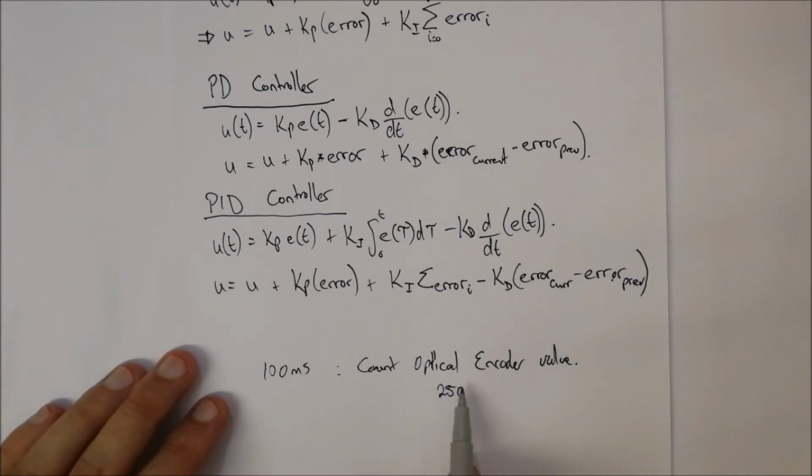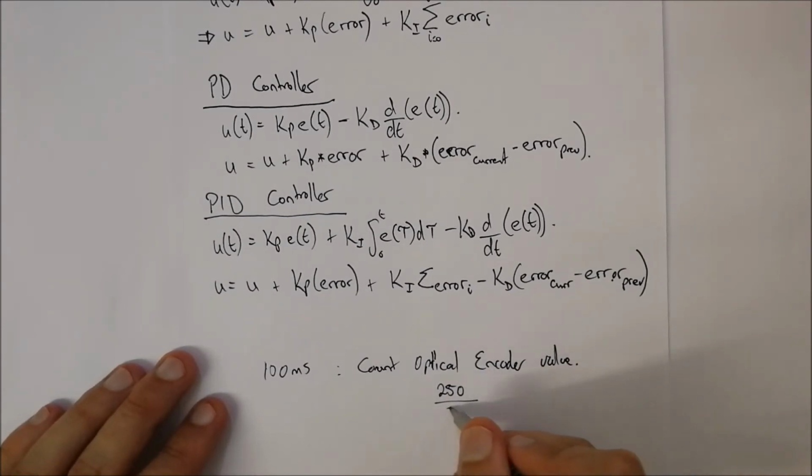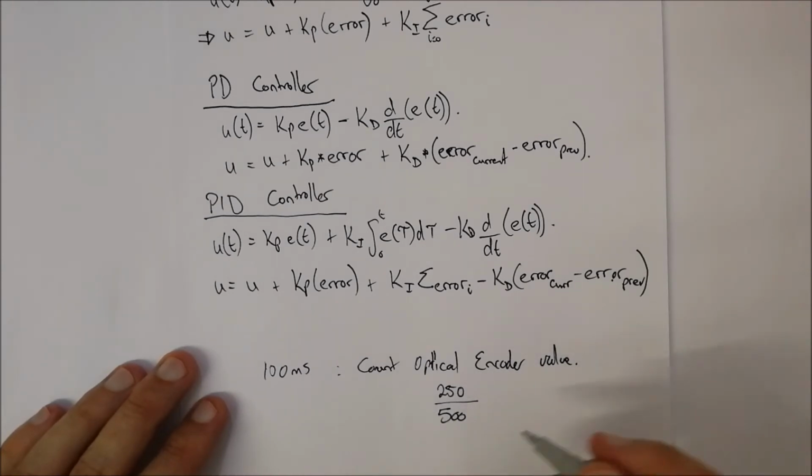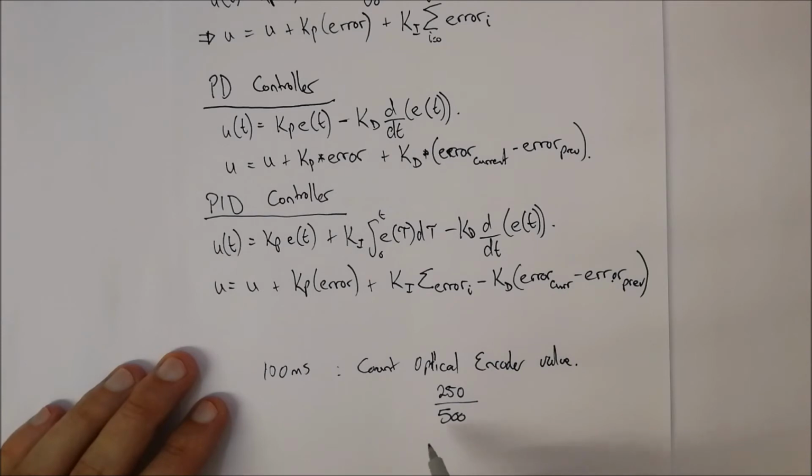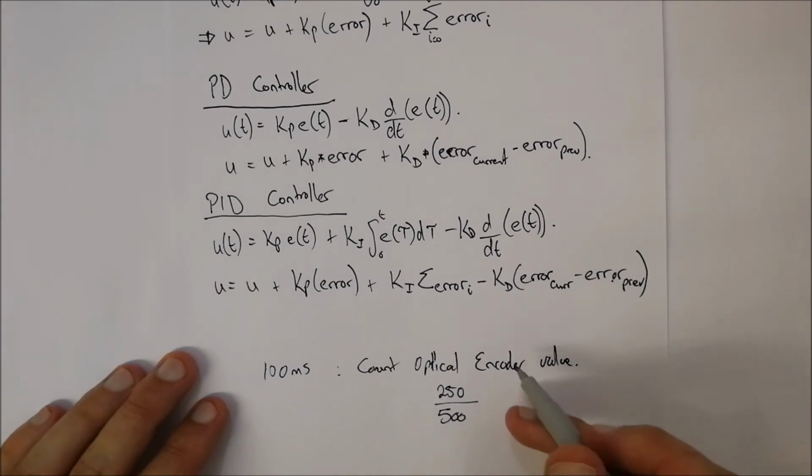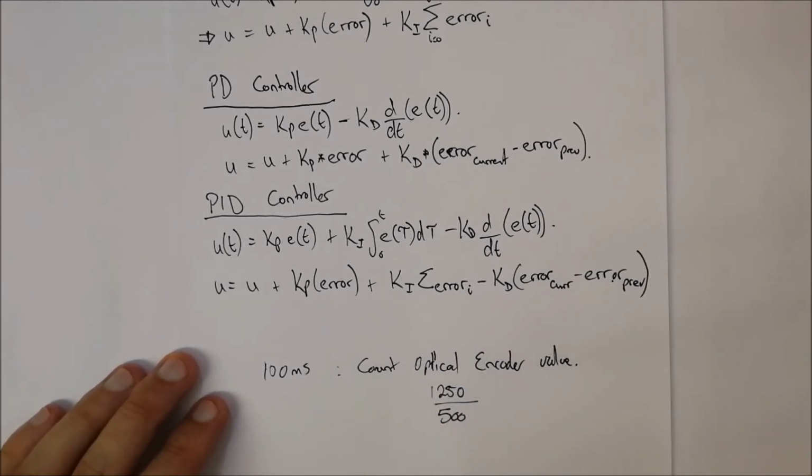So we know that these 250 counts might be in terms of an encoder that's got, let's say, 500 pulses per revolution. So that will give us how many degrees we've even achieved in terms of this. So we could multiply it by 360 to get an angle, or we could get an angular speed in terms of how many times it's actually gone around. This value over here could be maybe 1,250.